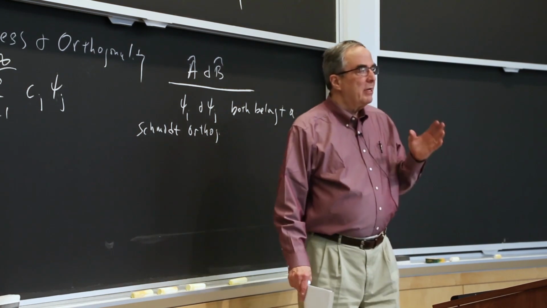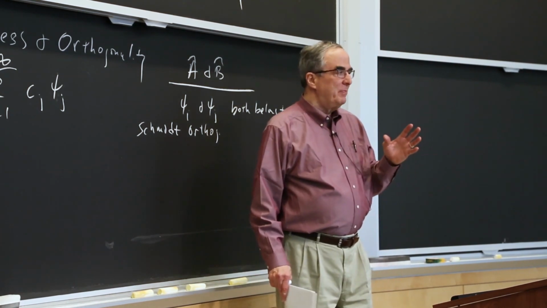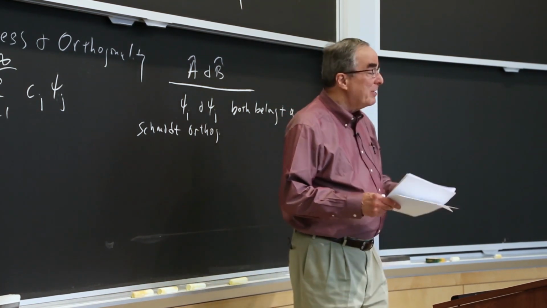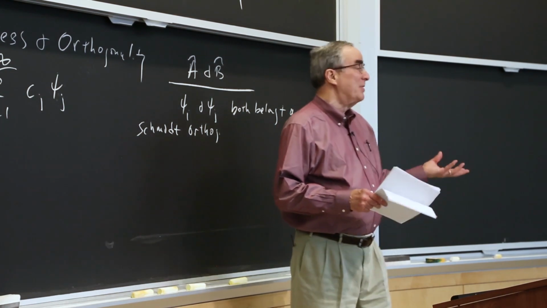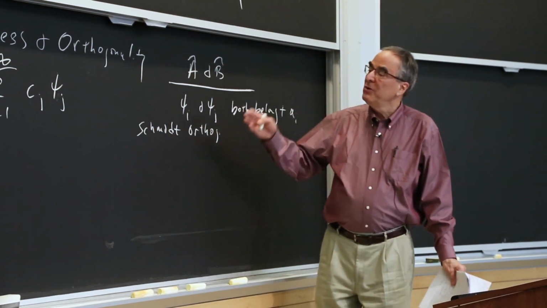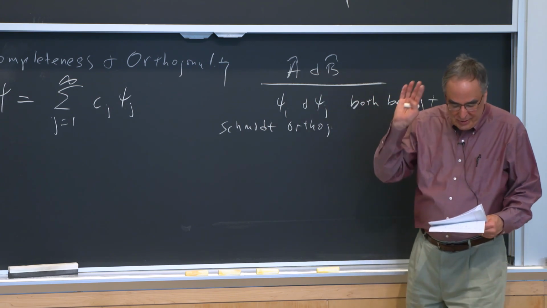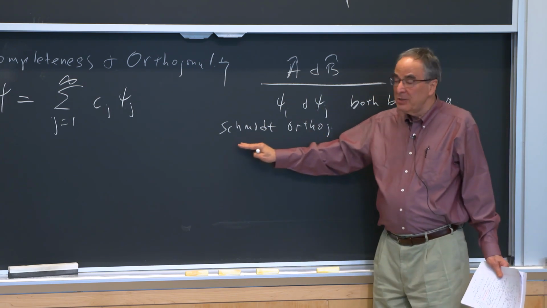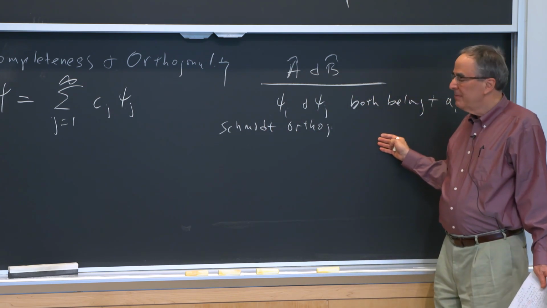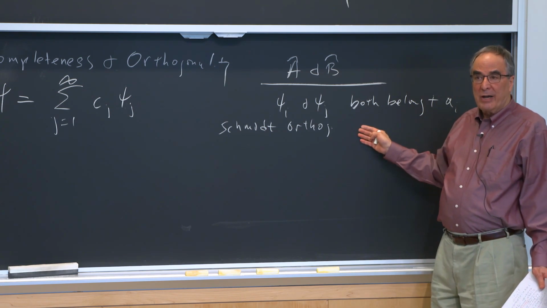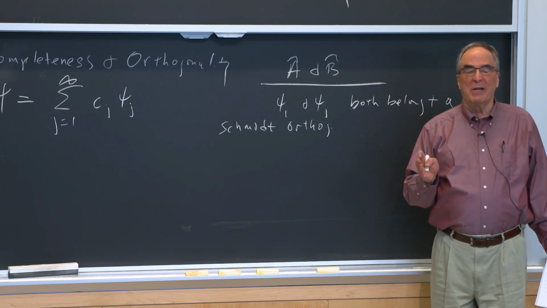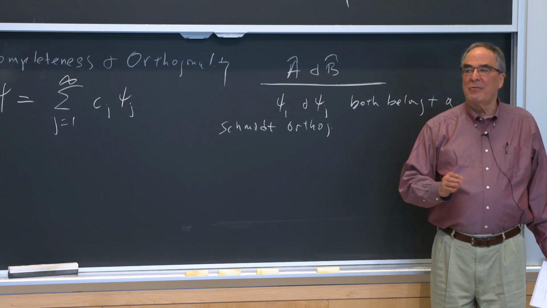We know, and I'm not going to prove it, that if you have functions belonging to different eigenvalues, they are automatically orthogonal. That's also really valuable because you don't have to check.